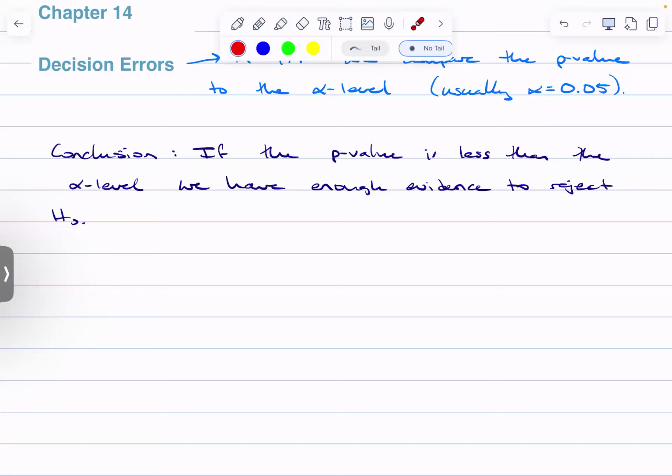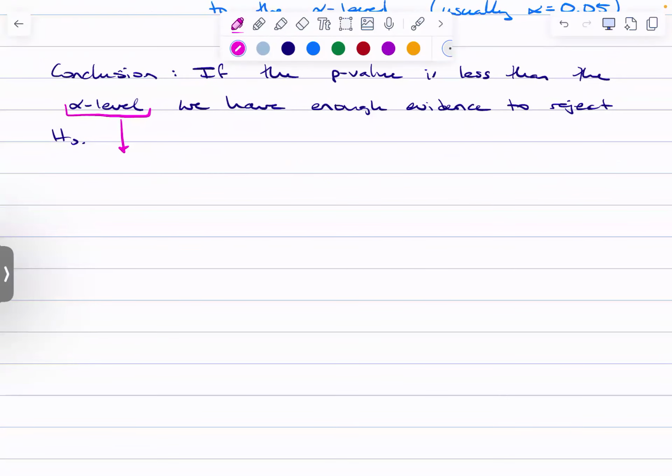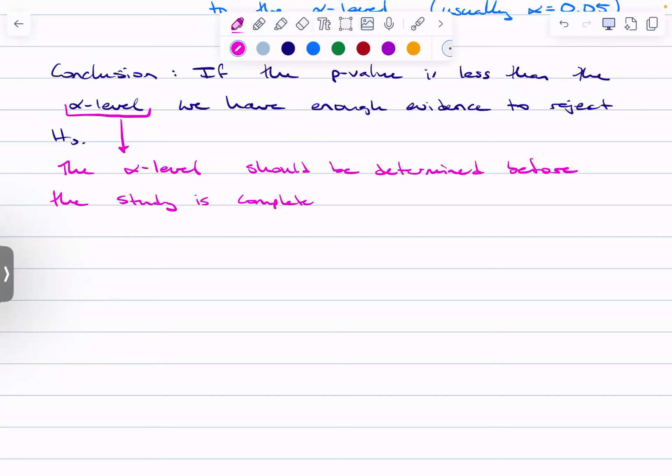And so this alpha level should be determined before the study is completed, before any data is collected, anything like that.